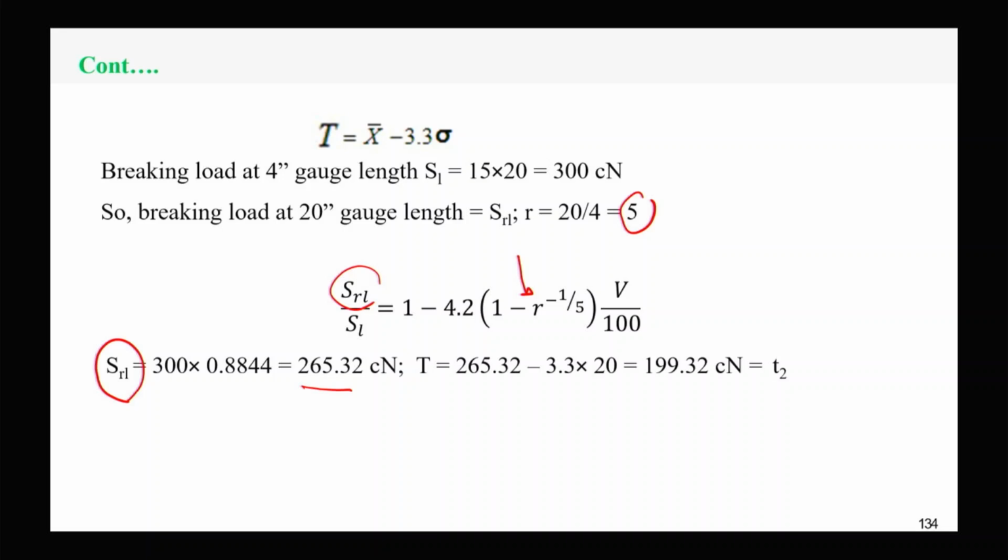It will reduce, so at 4 inch gauge length it was 300, at 20 inch gauge length it will be 265.32.